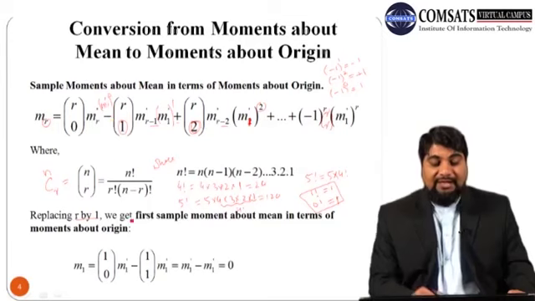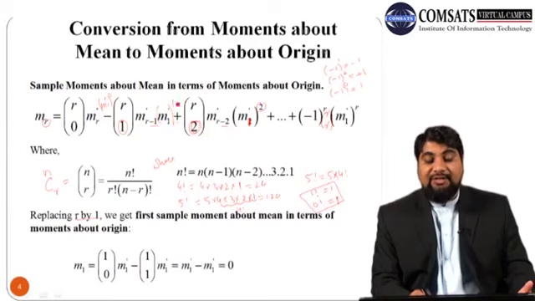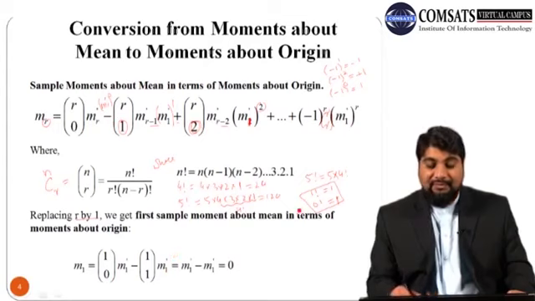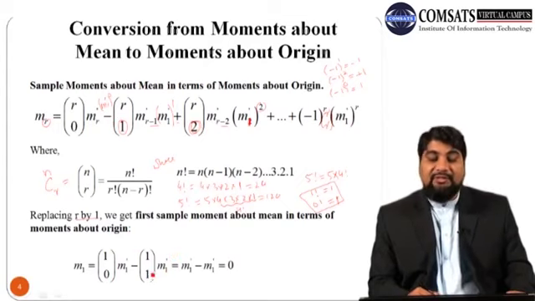Then put minus sign, then r minus 1, so replace r by 1, so 1C1, and then m dash 1 minus 1, which is 0, so there is no 0 moment, we will skip it, and then m1 dash raised to power 1, this one as it is. So now we have to calculate this 1C0 and 1C1.